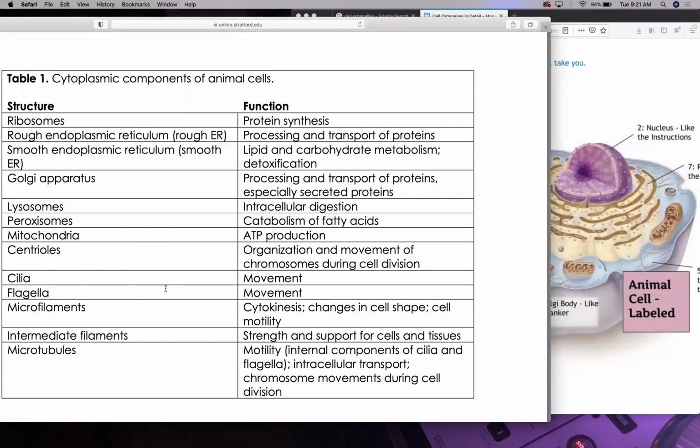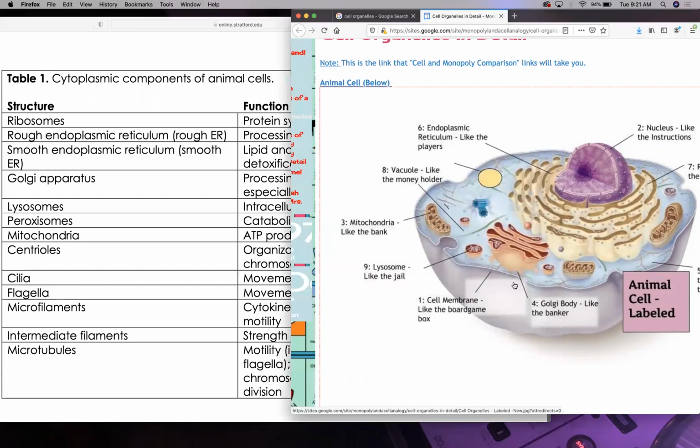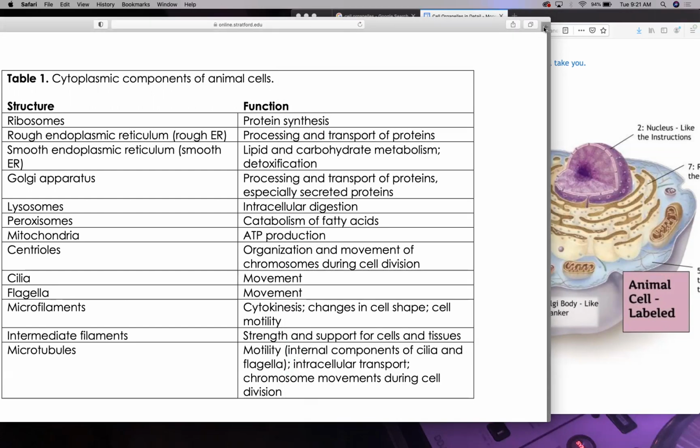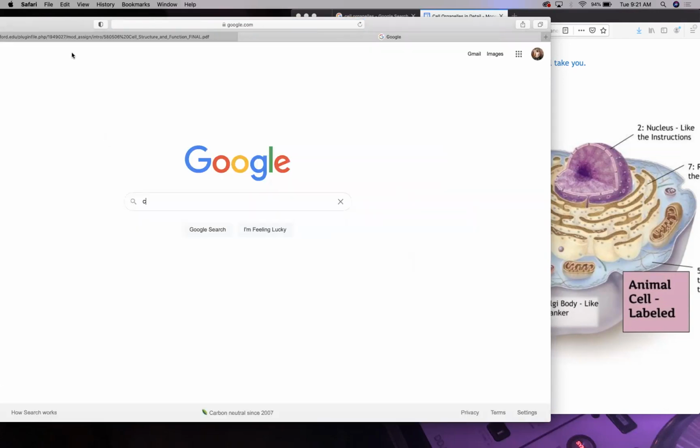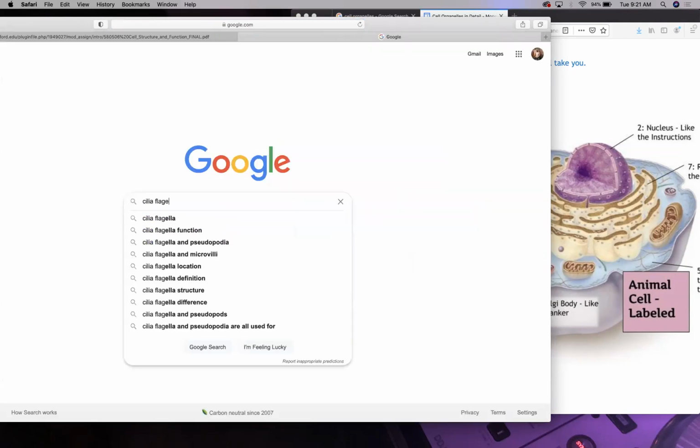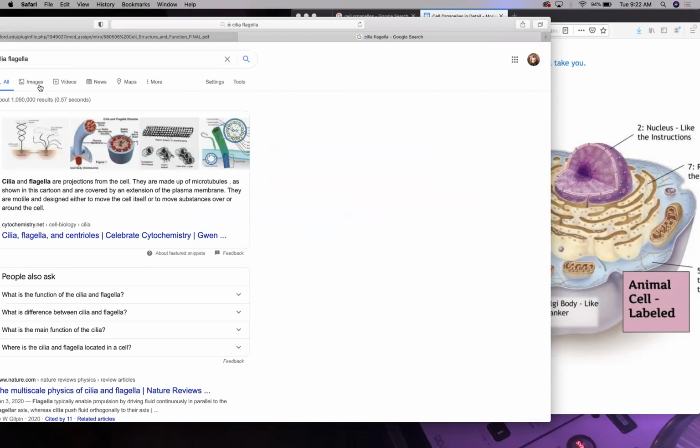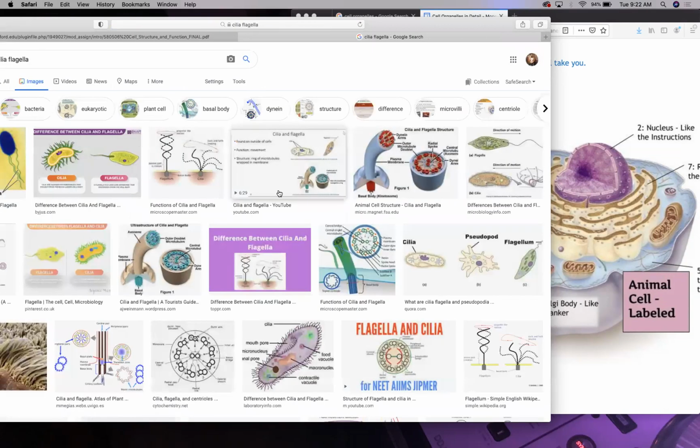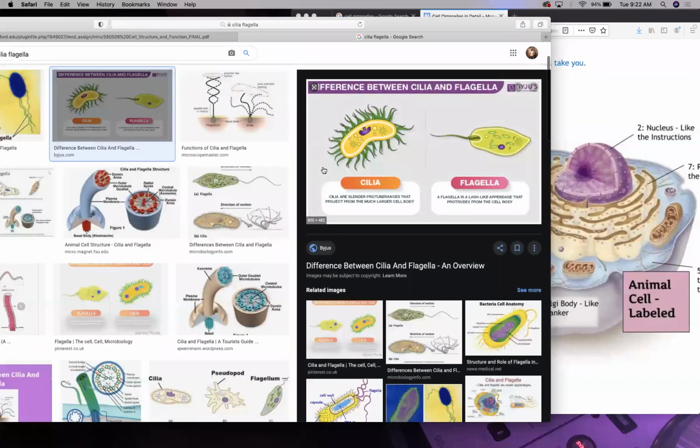Another thing that proteins do, they form cilia and flagella. Cilia are like the hair-like. Let's look at another picture. In the cell wall, there's these little hair-like things, and they also use it for movement.